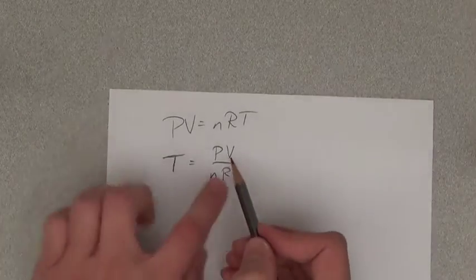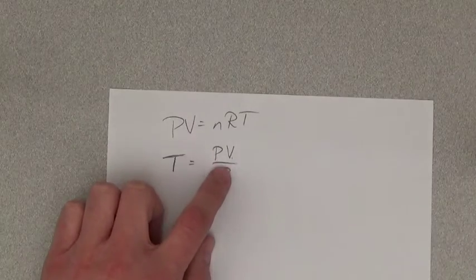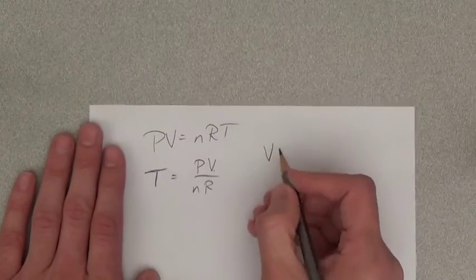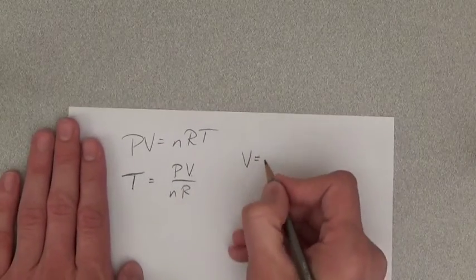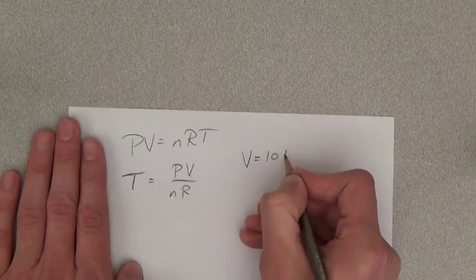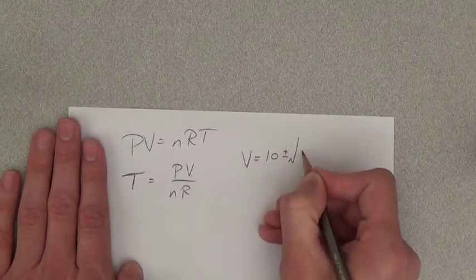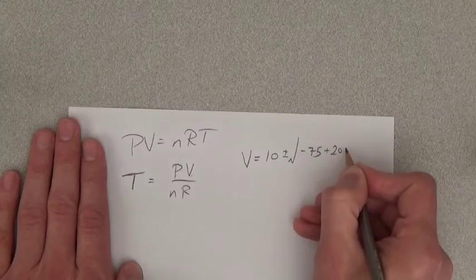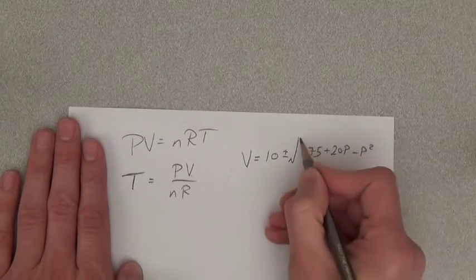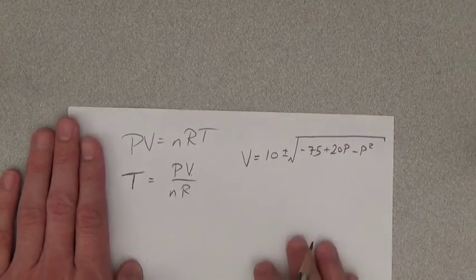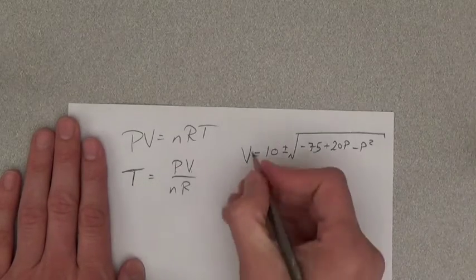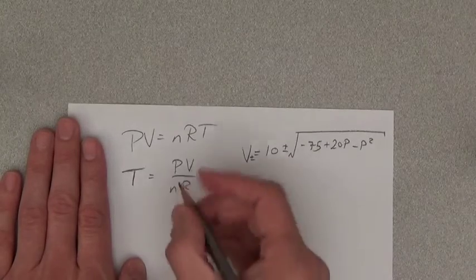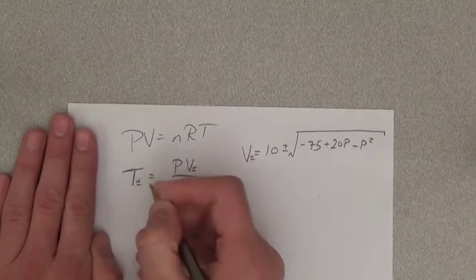And then we want to substitute in for either V or for P, and if we take our parametric equation, we can get V is equal to 10 plus or minus square root of minus 75 plus 20 P minus P squared. So clearly this is going to become a little bit messy, and I'm going to refer to this as V plus or minus to correspond to the plus and minus in the equation.